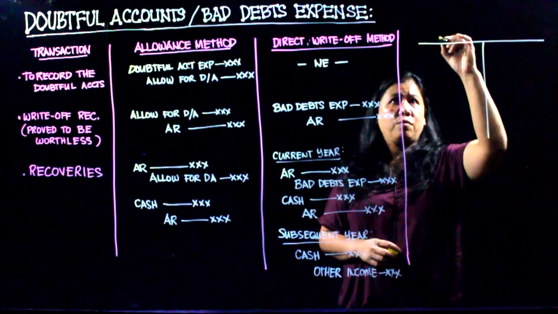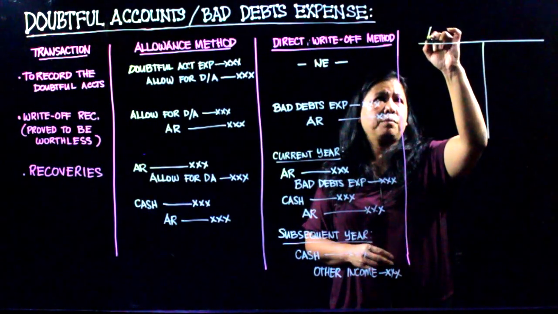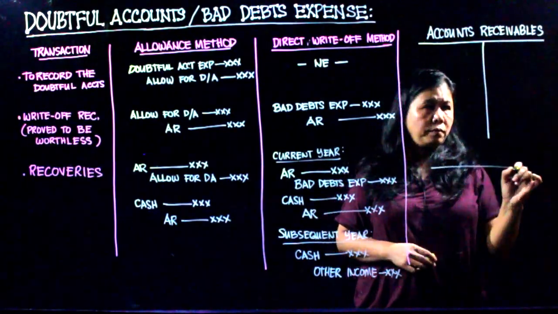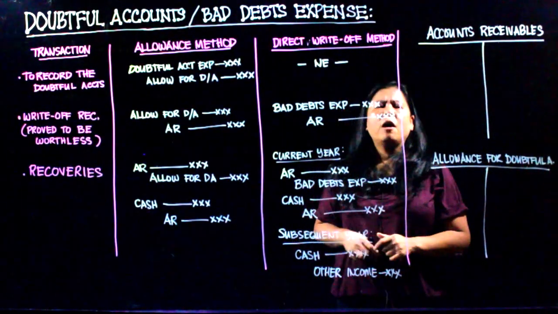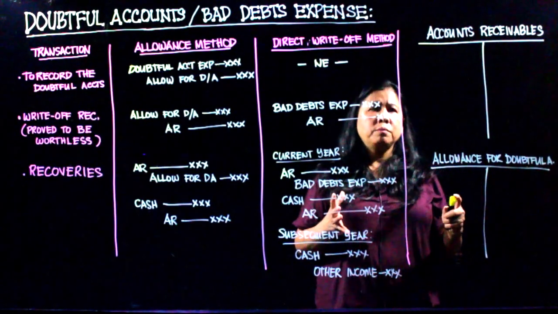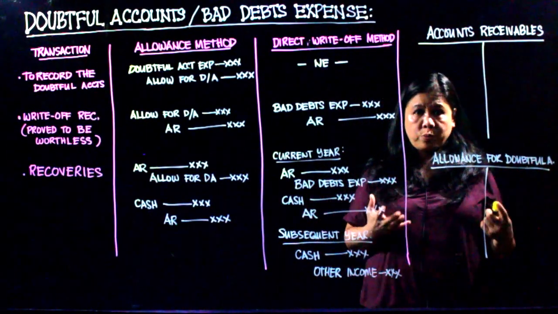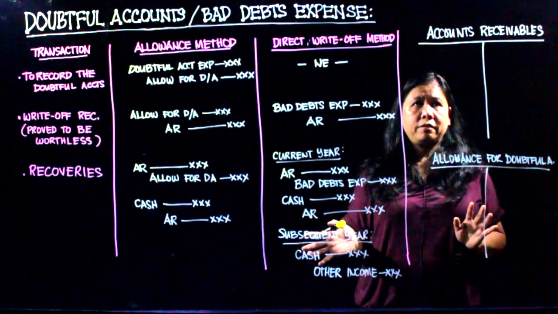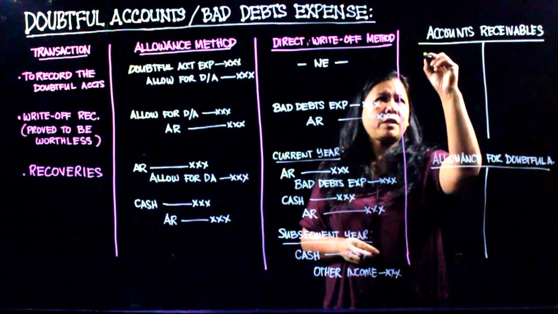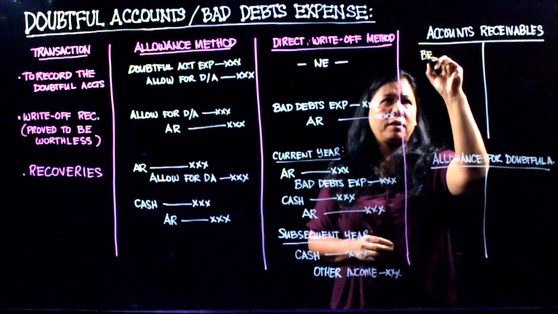All right. Now let's do the T account of the accounts receivable and the allowance for doubtful accounts. All right, so let's see. What is the normal balance of the accounts receivable? The normal balance of the accounts receivable is on the debit side, right? So on the debit side, we will start with the beginning balance.